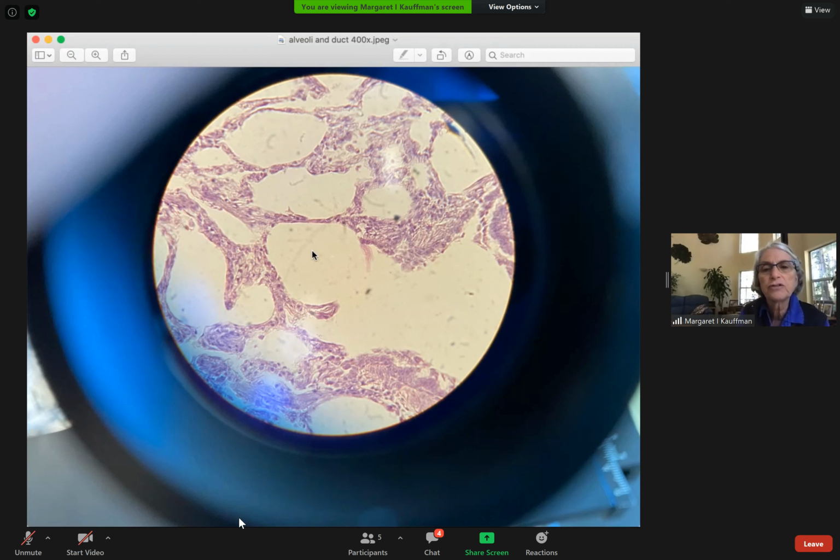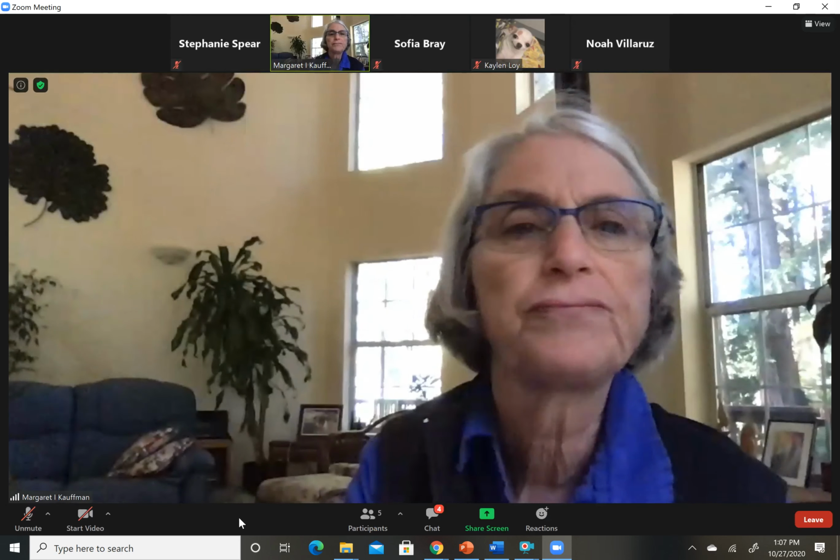But that's all that is shown here, an alveolus and alveolar duct. I actually think this might be the terminal bronchiole, because you can see a little bit of cuboidal cells there, but I wouldn't expect you to label those. Okay, again, alveolar duct, that would be the main thing you're seeing on this one. Let me close that one and stop sharing that one.